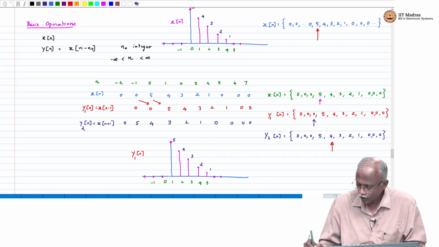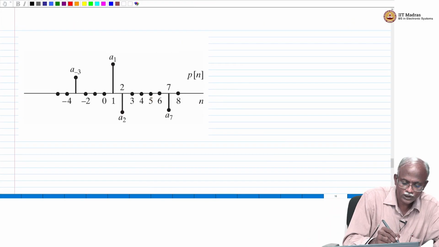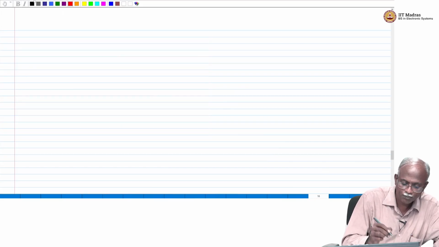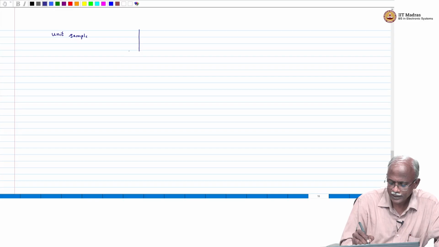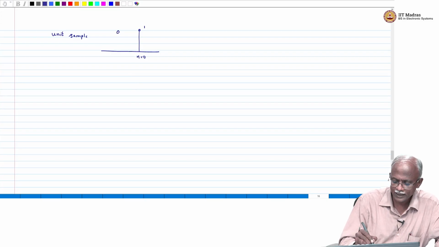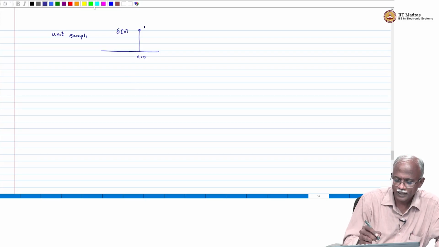Okay. Now, I would like you to look at a very simple but important operation, the unit sample. If I ask you to draw the unit sample, quickly sketch that. At time n equal to 0, you have a sample of value equal to 1. So, this is delta of n. Okay.